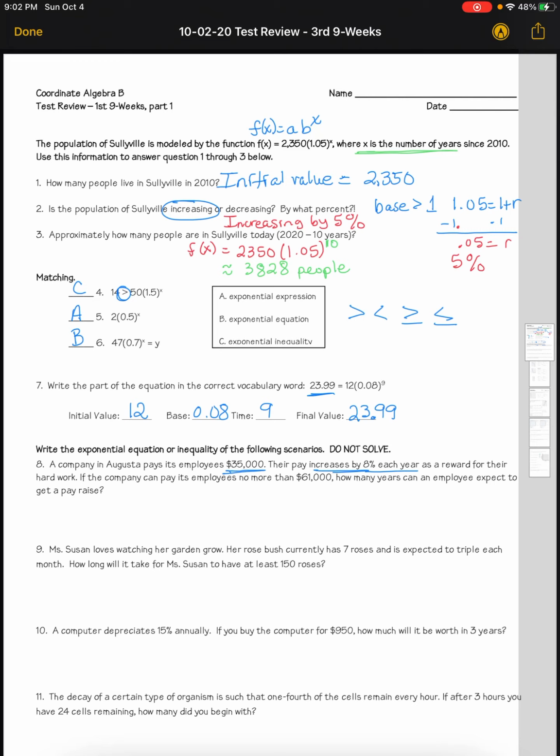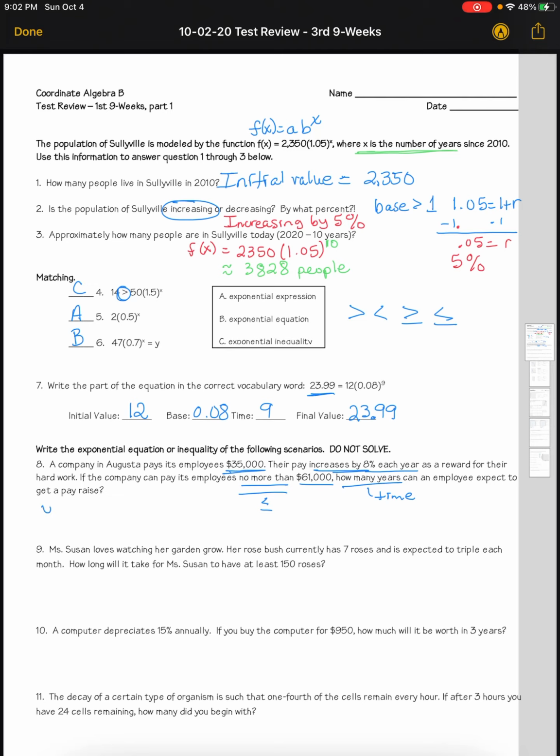If the company can pay its employee no more than $61,000, how many years, that's our time, can an employee expect to get a pay raise? Now, we have the keywords no more than, so that lets me know that this is going to be an inequality.